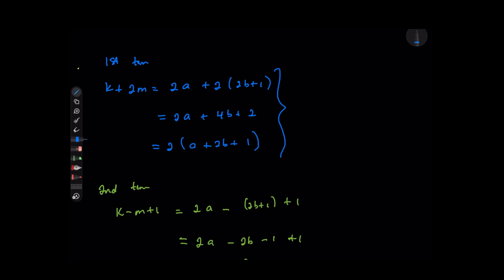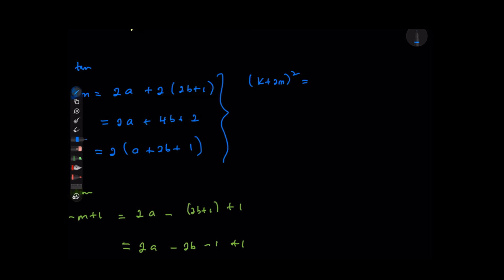From the side, I know I have to get (k plus 2m) all squared, which is equal to (2 into (a plus 2b plus 1)) all squared. So that will be 2 squared, which is 4, and then (a plus 2b plus 1) all squared.